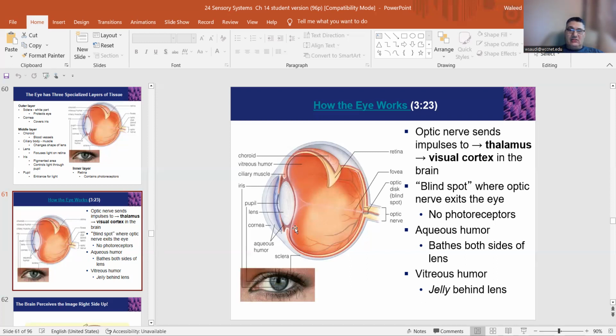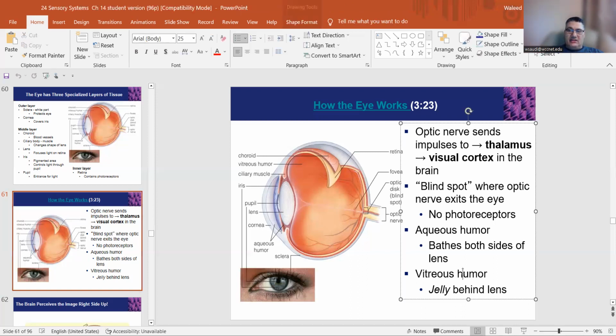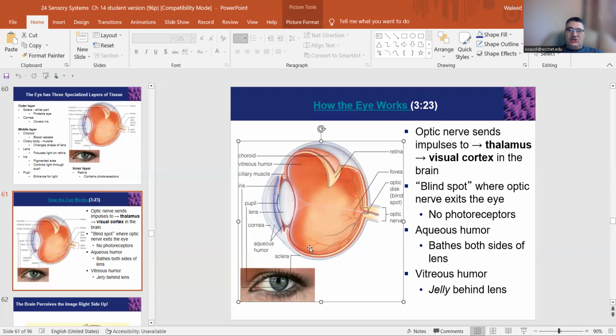The back one, the posterior cavity, of course, it's not empty, it's not air, otherwise the eye will collapse. It's filled with something called, look at this here, the vitreous humor. It's gel or jelly-like. So it is filling this big posterior cavity.